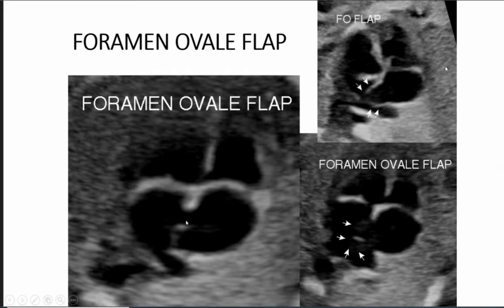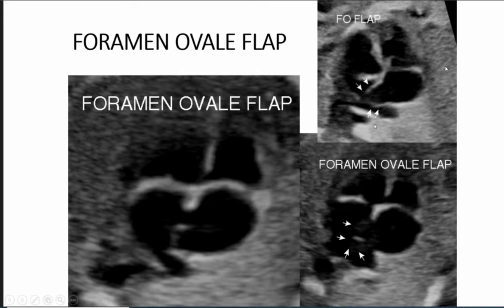The foramen ovale flap, or foramen ovale apparatus, has a septum primum, which communicates with the crux, and a septum secundum, which communicates with the roof of the atrium. In between the septum primum and septum secundum is an opening between the atria, which is the fossa ovalis, and the fossa ovalis is closed from below by the flap of the foramen ovale.